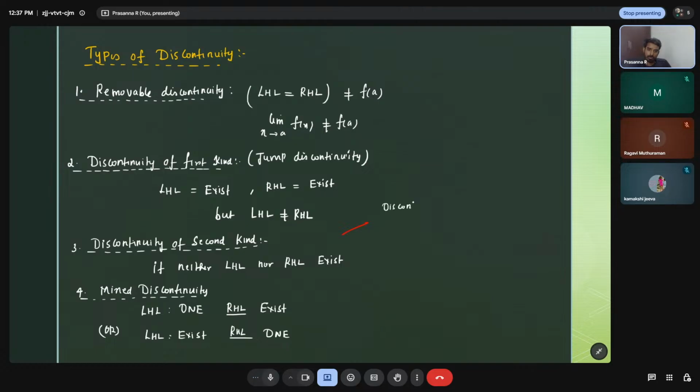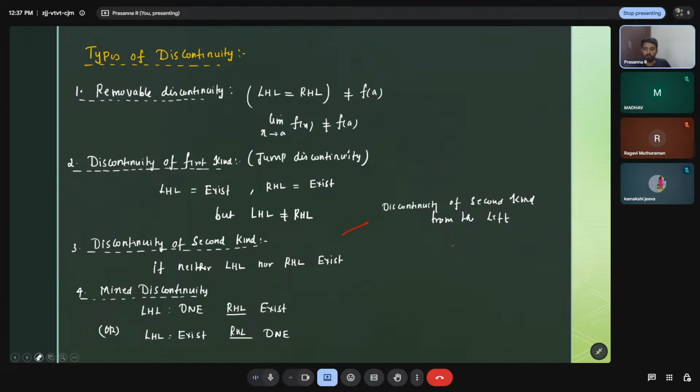Discontinuity of second kind from the left. That means the limit as x tends to a minus, that is your LHL, does not exist.